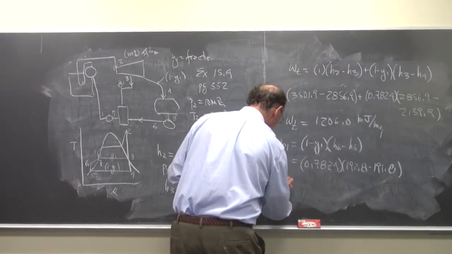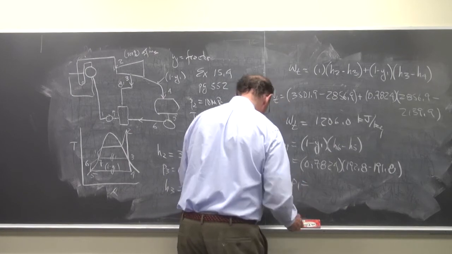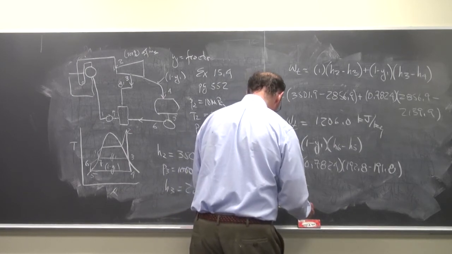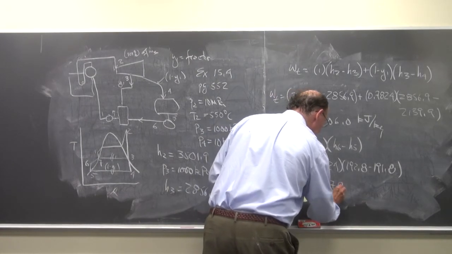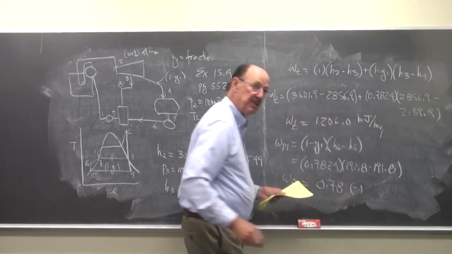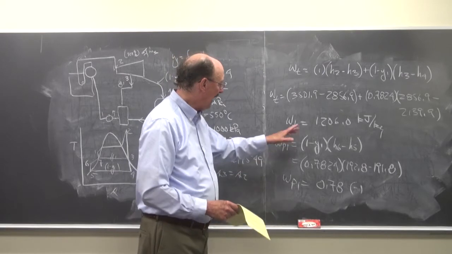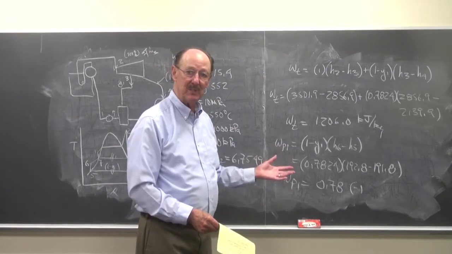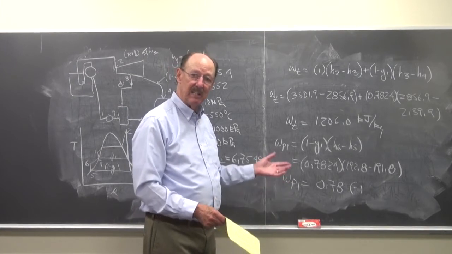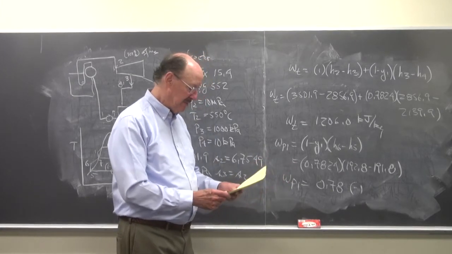So I have WP1 is equal to 0.78. And it's a pump work, so it's minus. I find it easier to write these things as positive numbers and remember the pump work is negative. You can look in the text and they did it so that it came out minus.